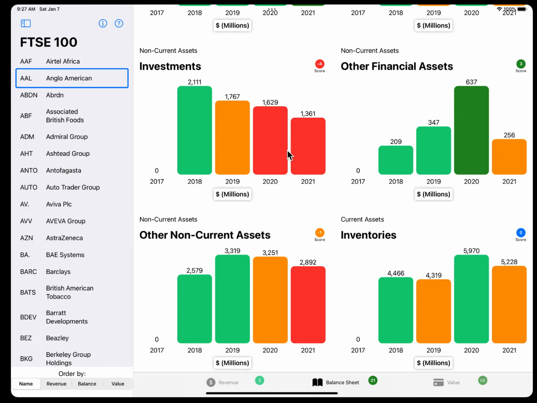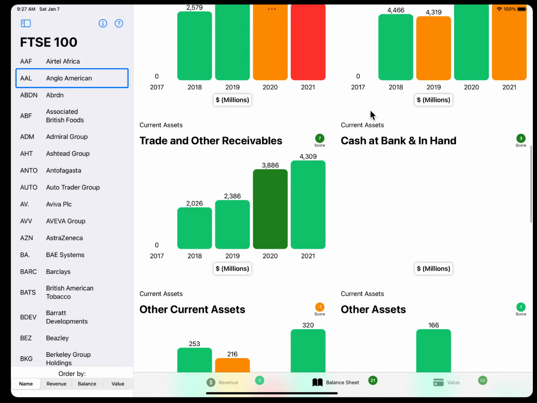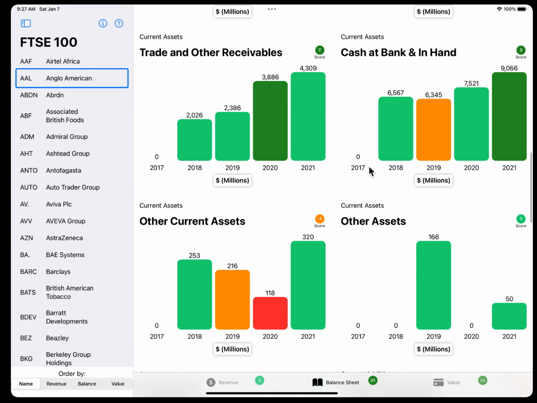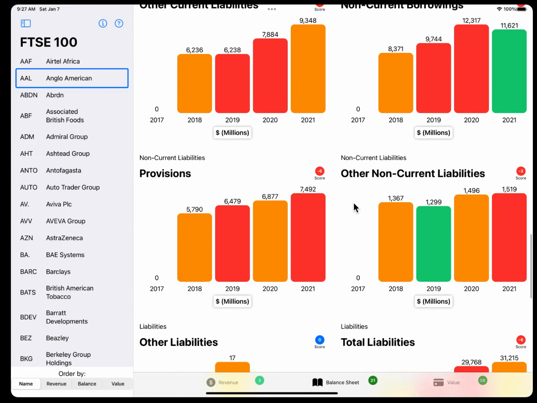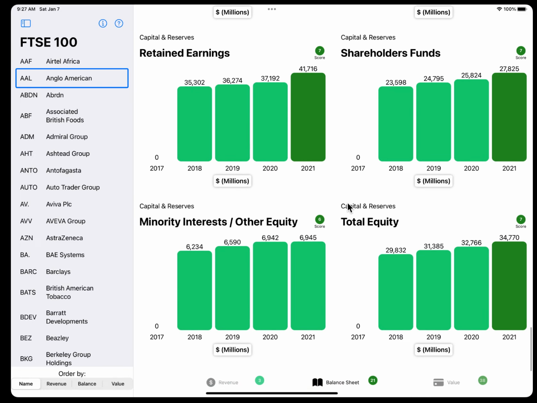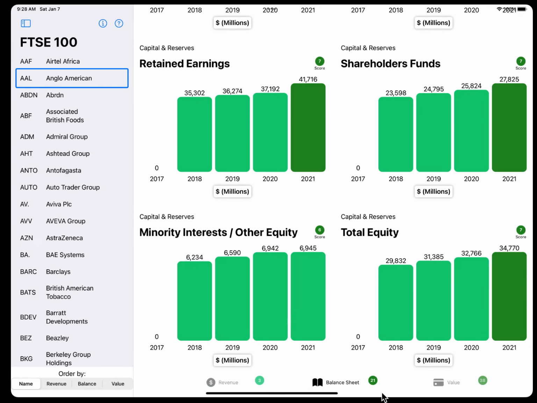So this is going red to warn us that that's not so good, and the score goes down to -4. But we can see that the cash at the bank is going up, and we like cash. So as that goes up, that gets greener and greener, and that's all good. So you can see this balance sheet isn't bad. It's pretty good. And you can see that the score for the balance sheet for this company is 21, positive.